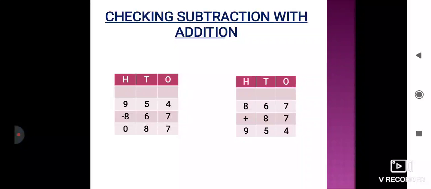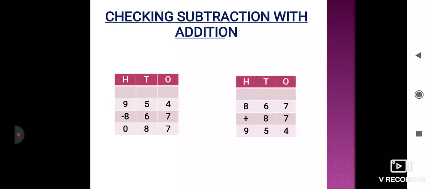By adding 867, that is the number which you have subtracted, and the difference that you get, that is 87. When you add these two numbers, the answer that you get is 954, which is same as the number from which you have subtracted.